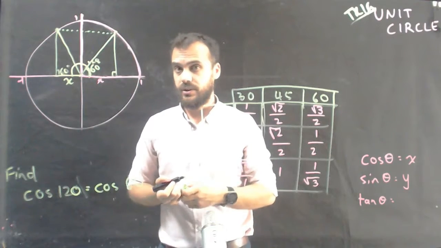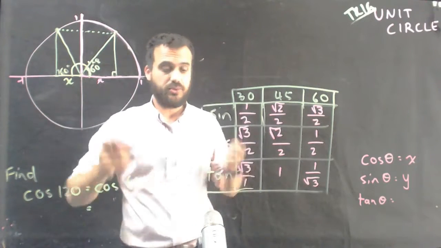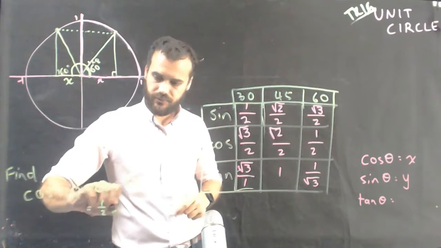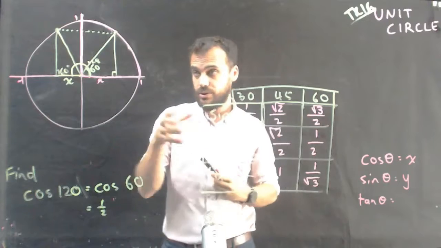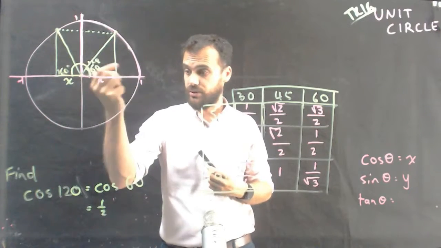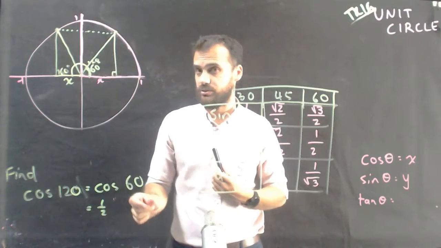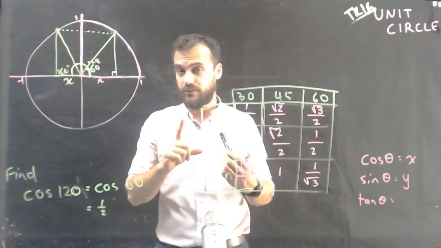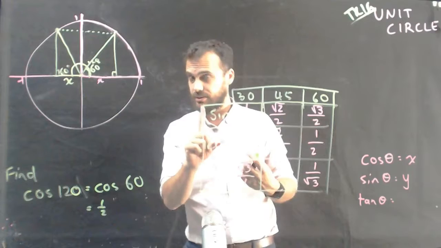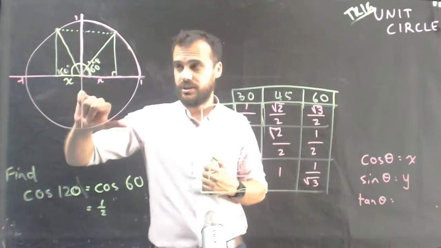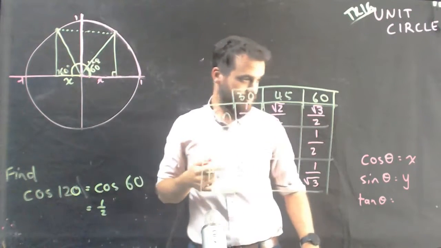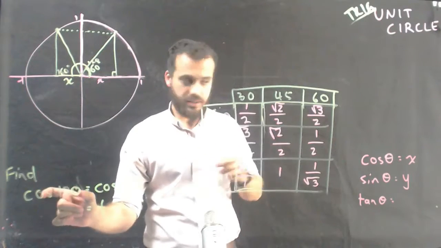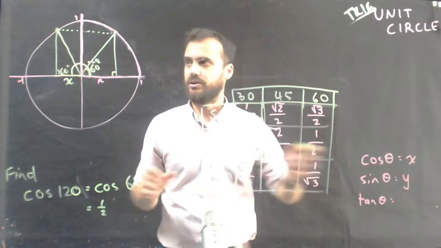So cos 120 is actually equal to cos 60. And cos 60 is simple because we know cos 60. Cos 60 is 1/2. So, using this symmetrical method, we can say that cos 120 is equal to cos 60, 1/2. But, look carefully. This is a Cartesian plane, and cos is equal to the x value.